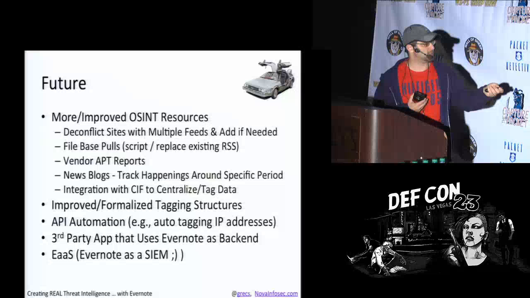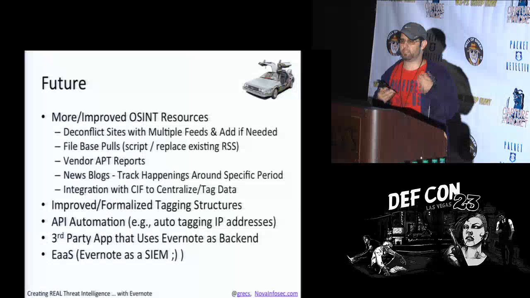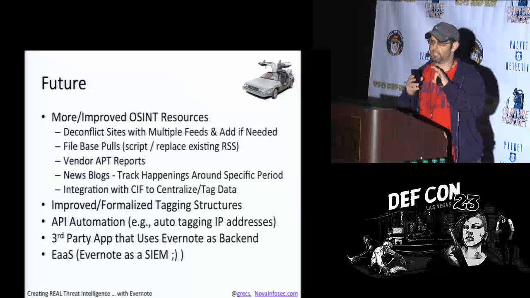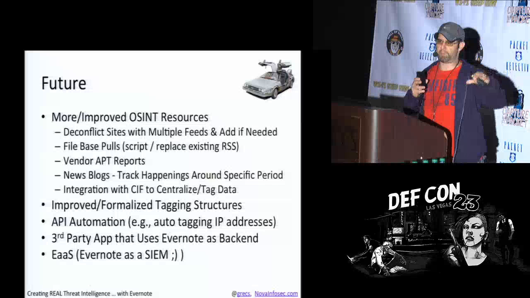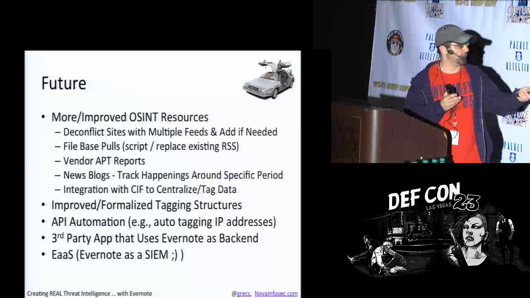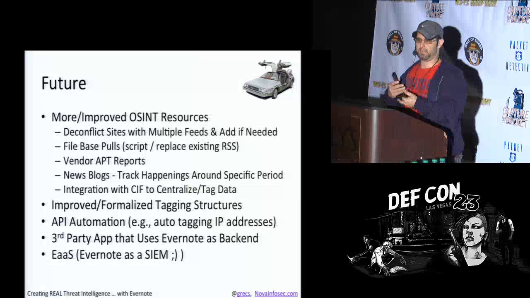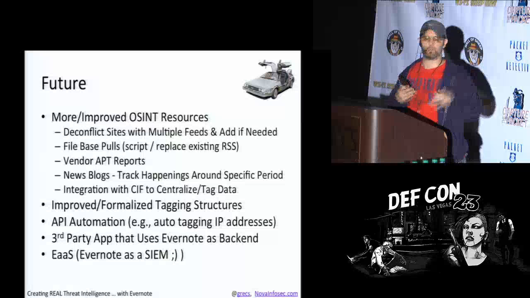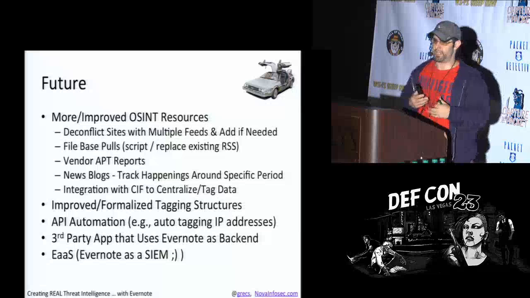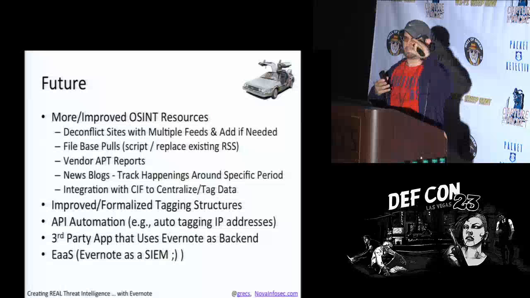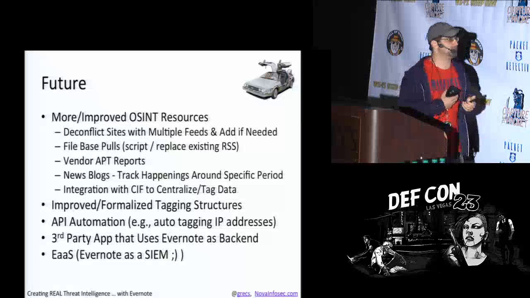I'm also looking at doing some API automation, so I can write an application that calls into Evernote and does stuff like auto-tagging IPs. Like, run this on a daily basis, search for all the new notes that were created using regex, and if you see an IP, tag that note with it. Just some fun stuff like that.